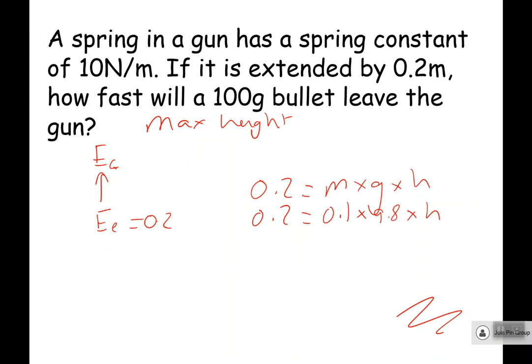So if we simplify this and we do 0.1 times 9.8, we get 0.98. And then we do 0.2 divided by 0.98, we should get 0.204, which will probably just be rounded to 0.2 again. So we go 20 centimeters in the air.